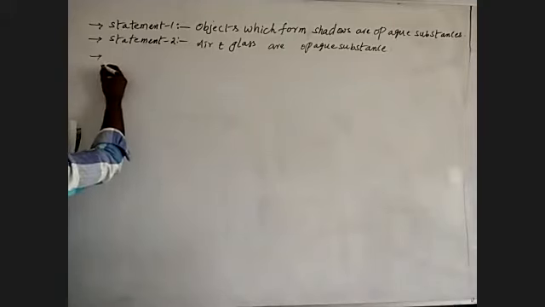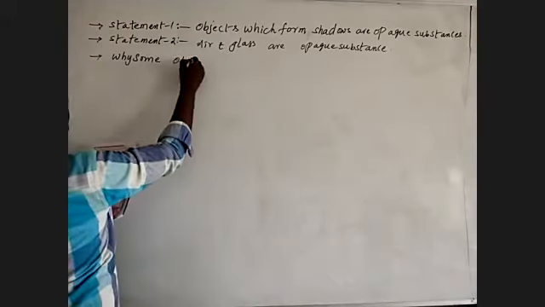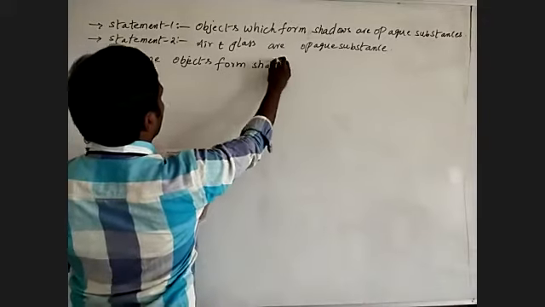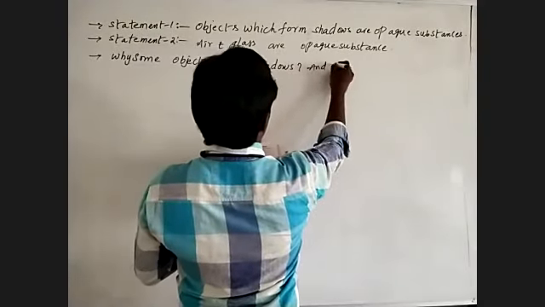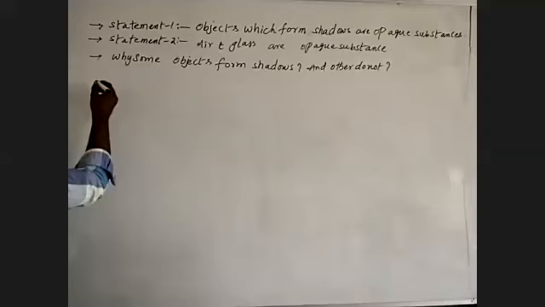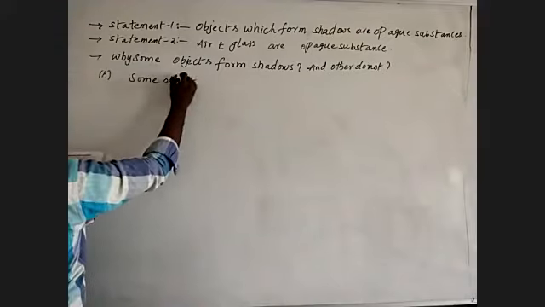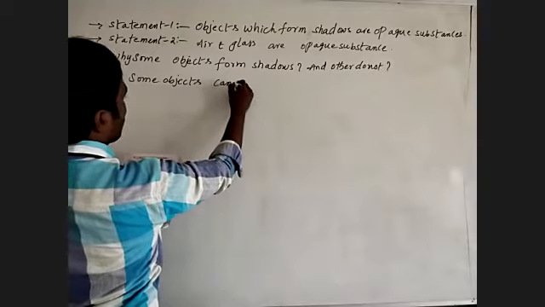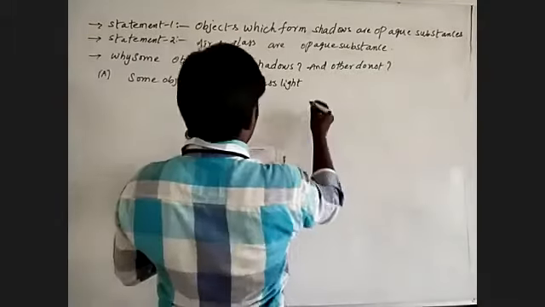And then coming to the next thing: why some objects form shadows and others do not. To talk for that: some objects cannot pass light through them.